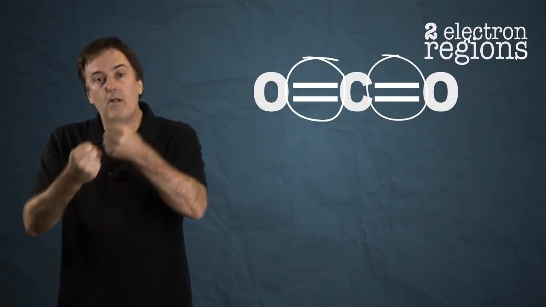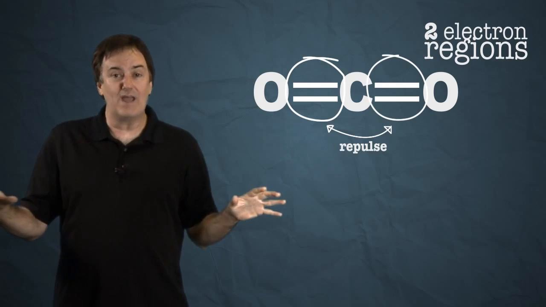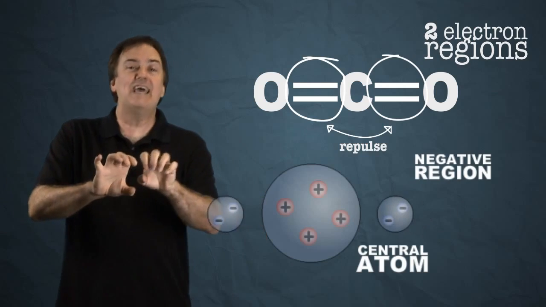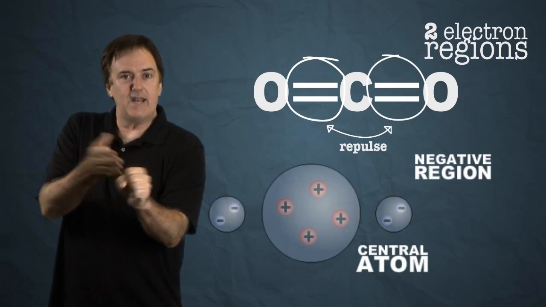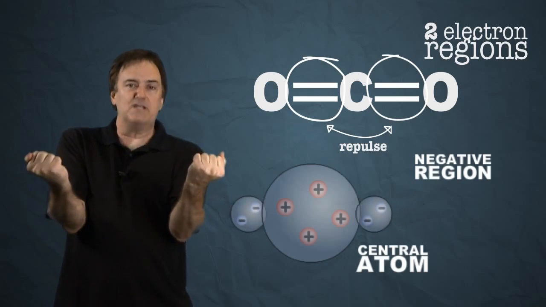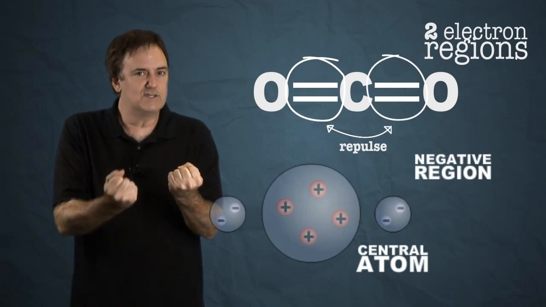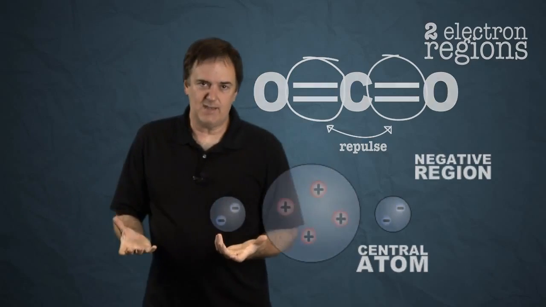And so it's going to repulse all the other negatively charged regions, and they're going to try to get away from each other. They can't completely get away, though, because the nucleus of the central atom is holding them in. So what they do is they try to get away from each other, but they're still held by the central atom. This leads to distinct molecular shapes.